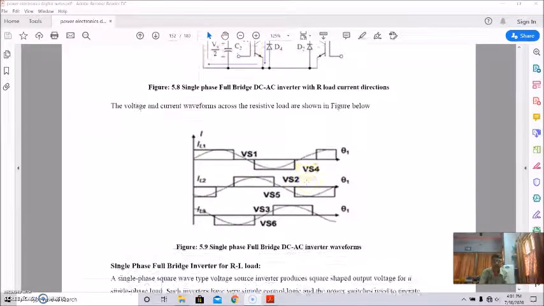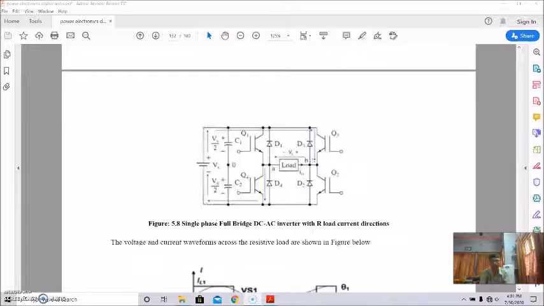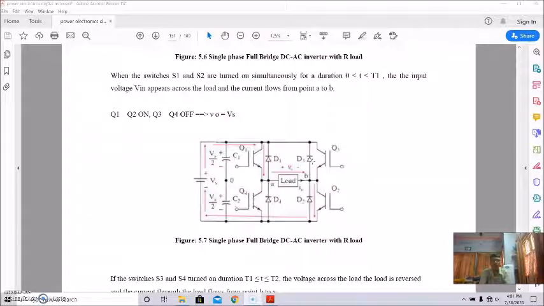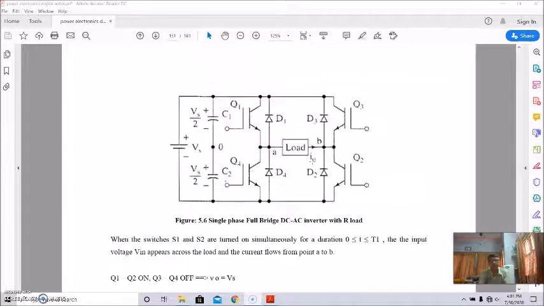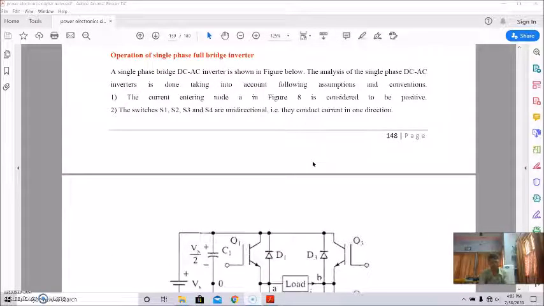Clear. Now we'll discuss single phase full bridge inverter with RL loads. Should I repeat it? Okay, I'm once again repeating it so that you can understand.